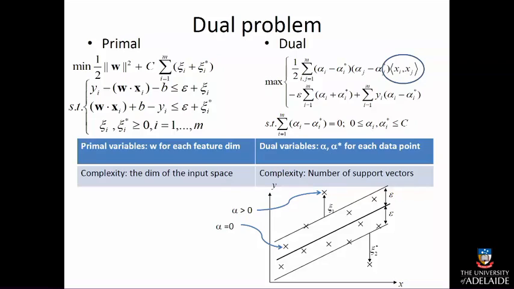You can just write the Lagrangian function and take the partial derivatives of the Lagrangian with respect to w, b and C, setting them to be 0. And you just eliminate all the primal variables from the Lagrangian function, and then you only keep the dual variables, and you get the dual problem.